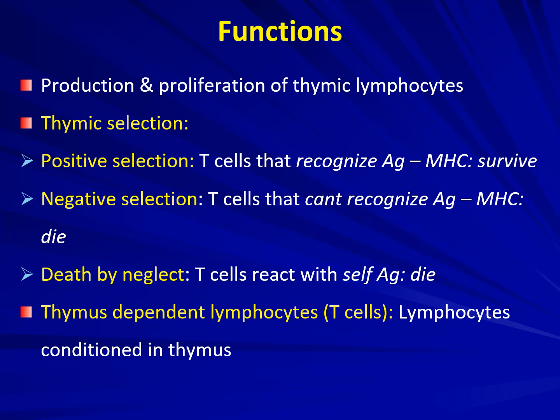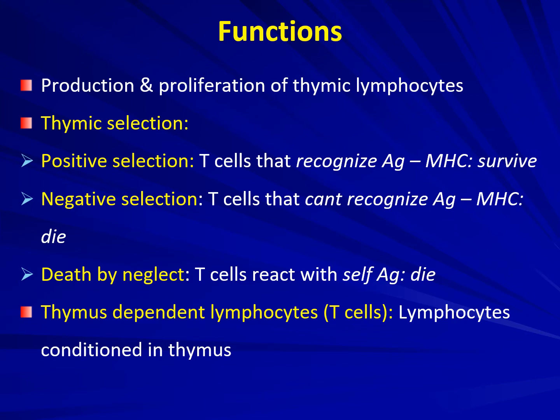Negative selection. Suppose those T cells cannot recognize the antigen MHC complex. Those cells die. What is death by neglect? T cells, instead of recognizing the antigens of the other, like the foreign antigen, suppose it is identifying the self antigen.